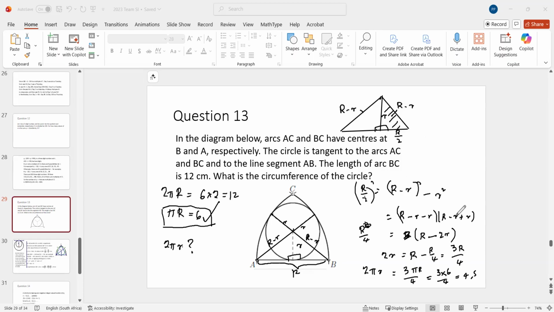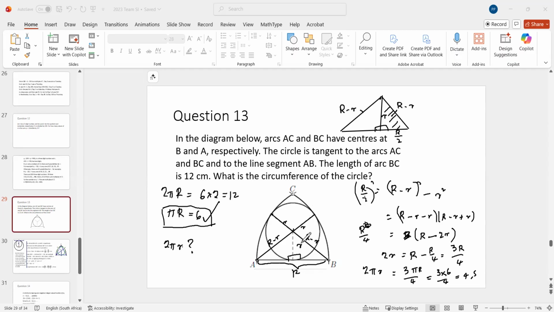So you have this minus this, which is R minus 2r, into that plus that, which is R. So R minus 2r cancels off with R squared over 4. And so you have 2r is equal to 3R over 4.